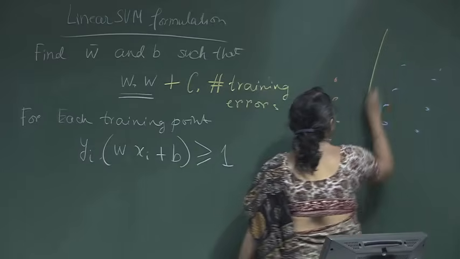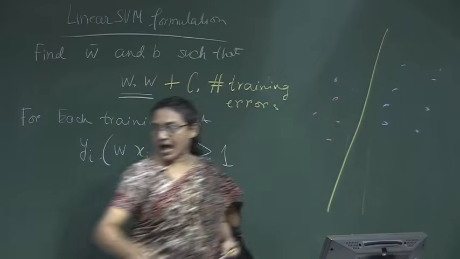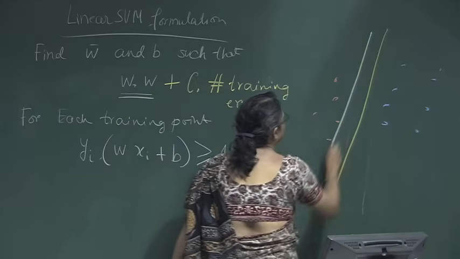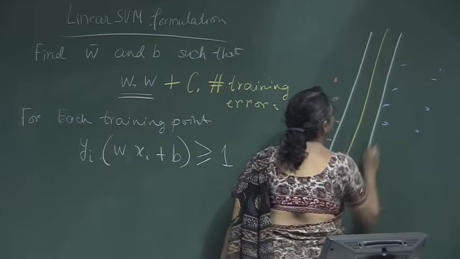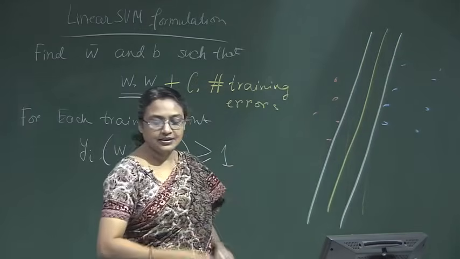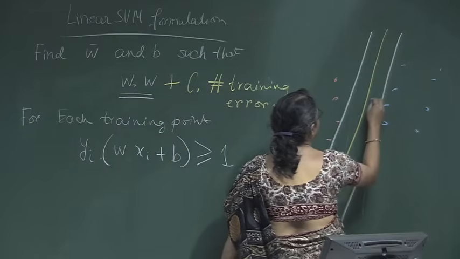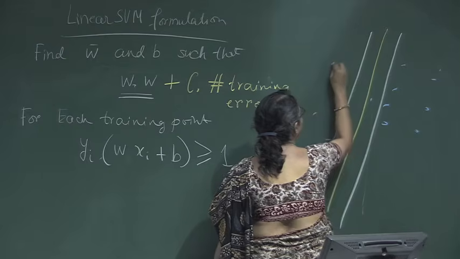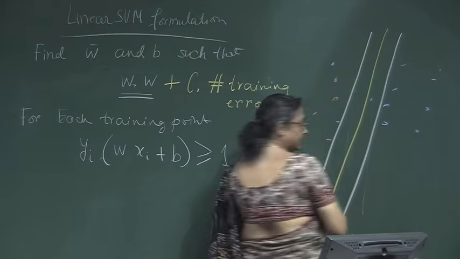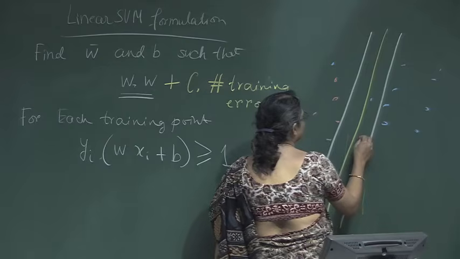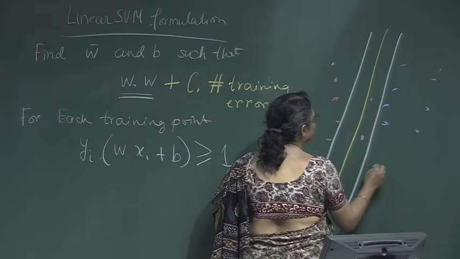Suppose this is my decision surface, and this is a margin that we are looking for, and these blue points may be here, may be here, whereas the red point may be here, may be here.